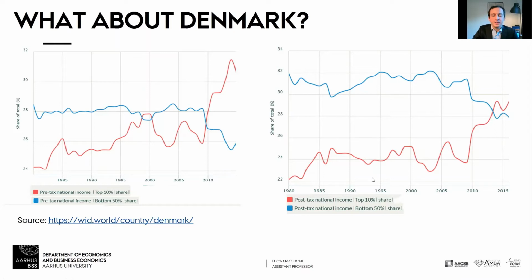After taxes, the bottom 50% earns about 4% of income more than before, and the top 10% earns more or less 2 to 3% less. But regardless of the level differences, you can see there has been an increase in income inequality also in Denmark.